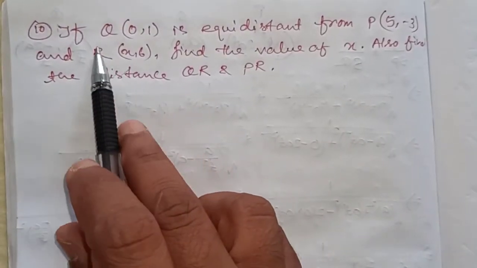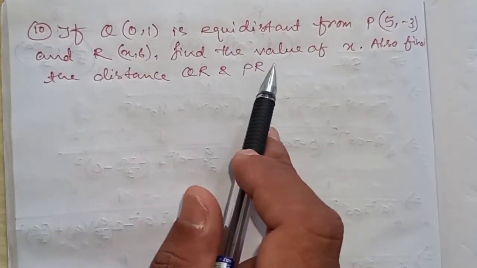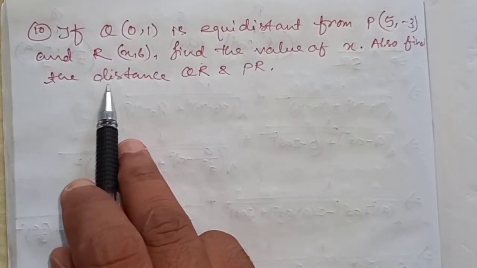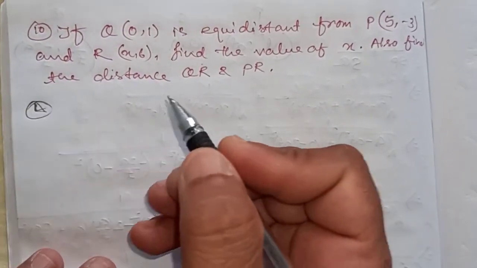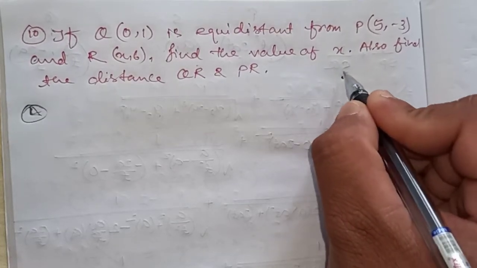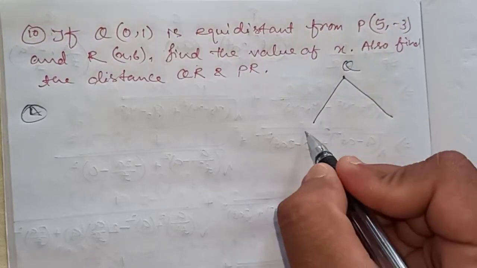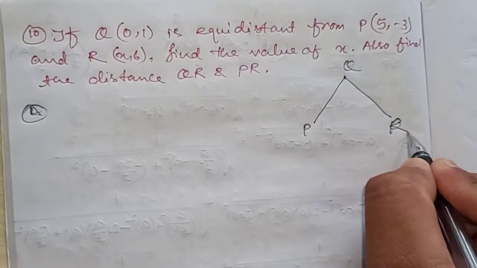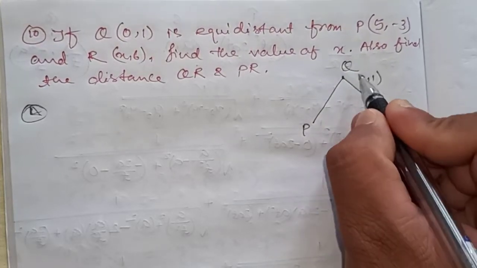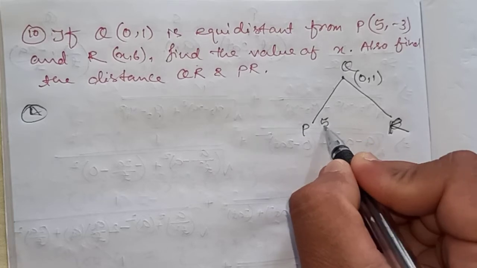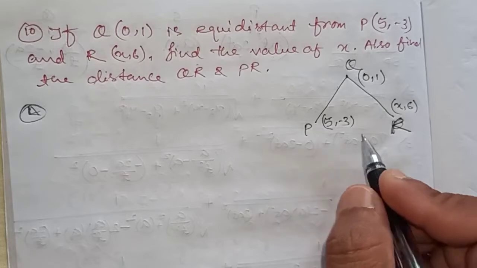Question number 10, it is given, if Q (0, 1) is equidistant from this and this, find the value of x, also find the distance between QR and PR. Okay, so I will just draw a rough diagram here. Suppose this point we will take as Q, and it is equidistant from P and R. The coordinates of Q are (0, 1), coordinates of P are (5, -3), and coordinates of R are (x, 6).